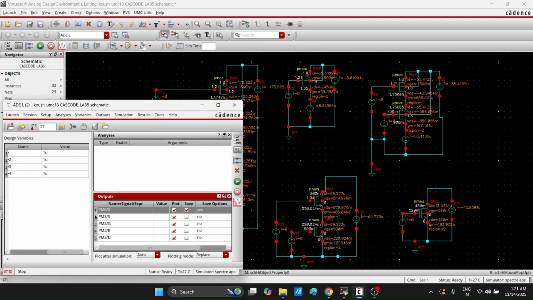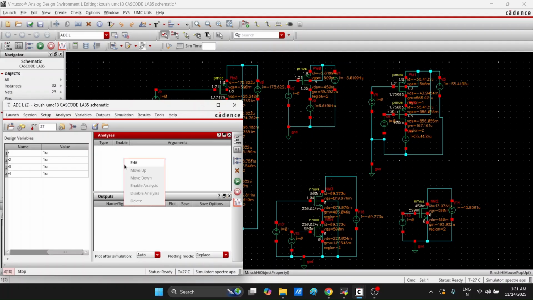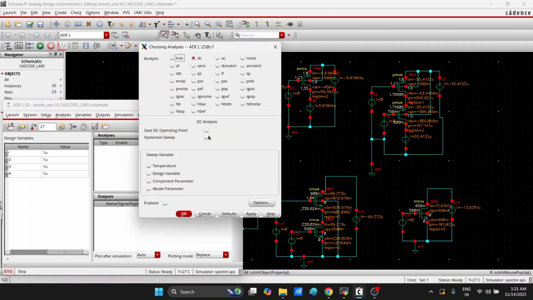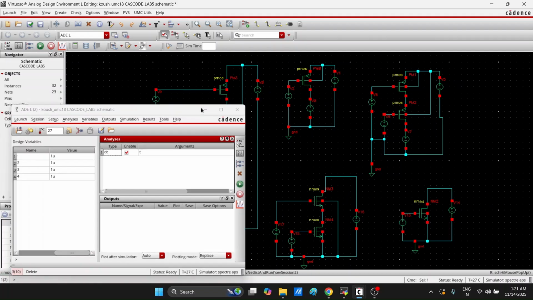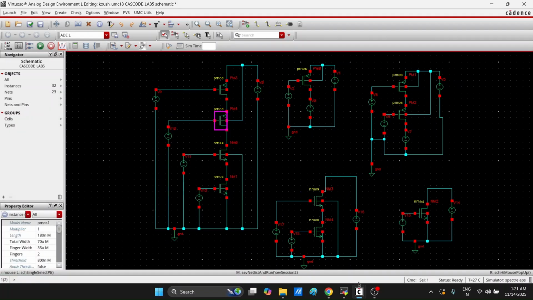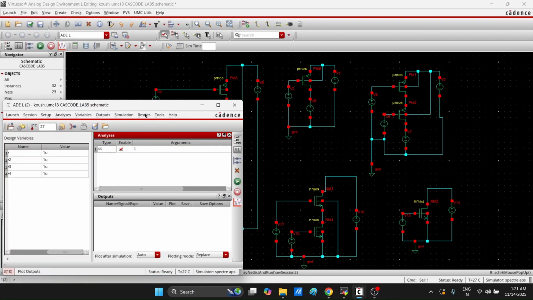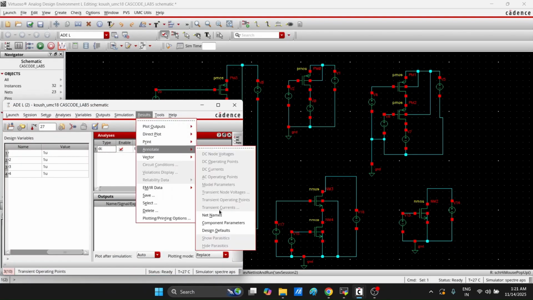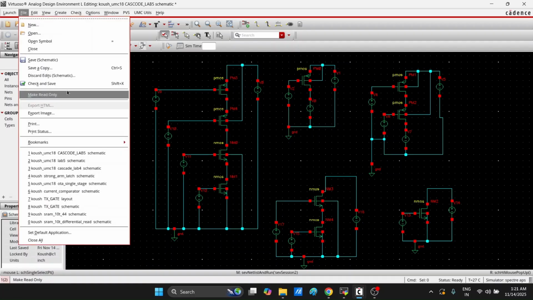So now for this PMOS also we will plot its current. Save the DC operating point. For this PMOS also I will take the width as around 70 micro initially. Now we have obtained the width of all the PMOS, and we will see whether we are getting all the transistors in saturation.